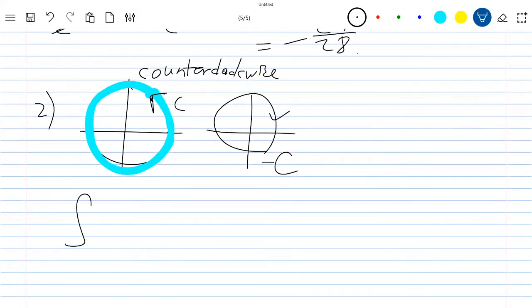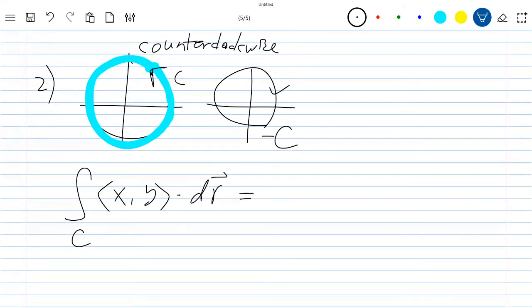So let's find the integral over C of the vector field xy dot dr. Alright, integrate along that. Okay, how do we do that? Well, this is a circle, so let's use theta to parameterize it. So x is cosine theta and y is sine theta. Right?